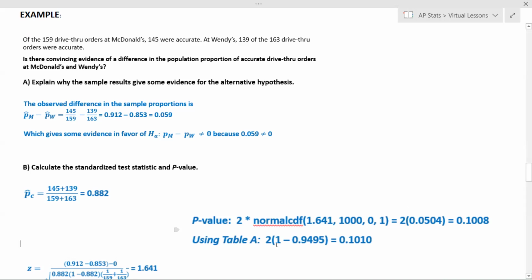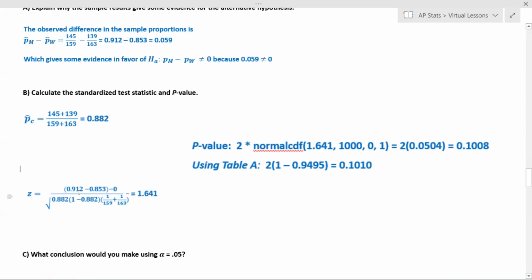If we use table A, we would find 1.64 on the table. That would give us 0.9495. And remember, that is the area to the left of the positive z-score, which is not what we're looking for. We're looking for the area above that, so we subtract it from 1, and that would just give us the upper tail's probability. So we multiply it by 2 again to account for both tails.